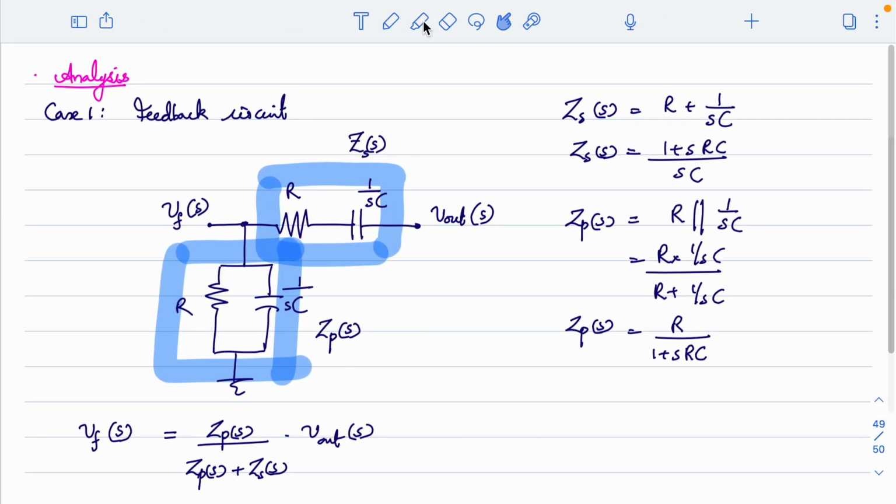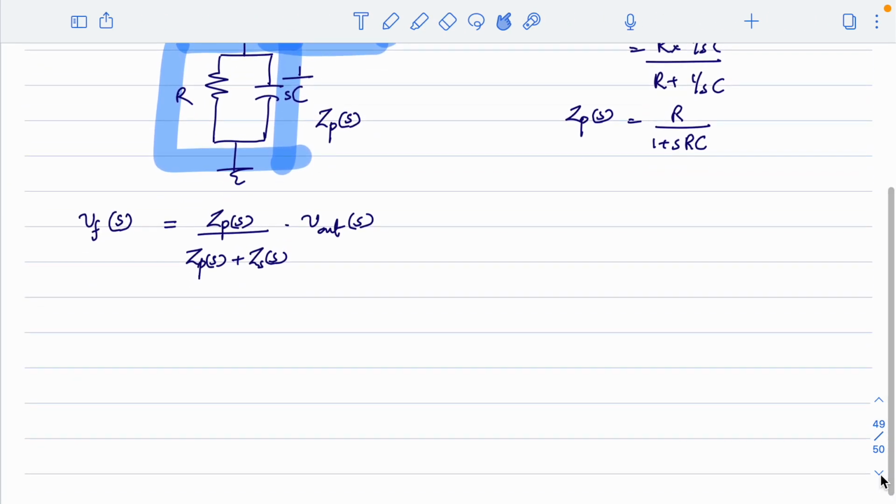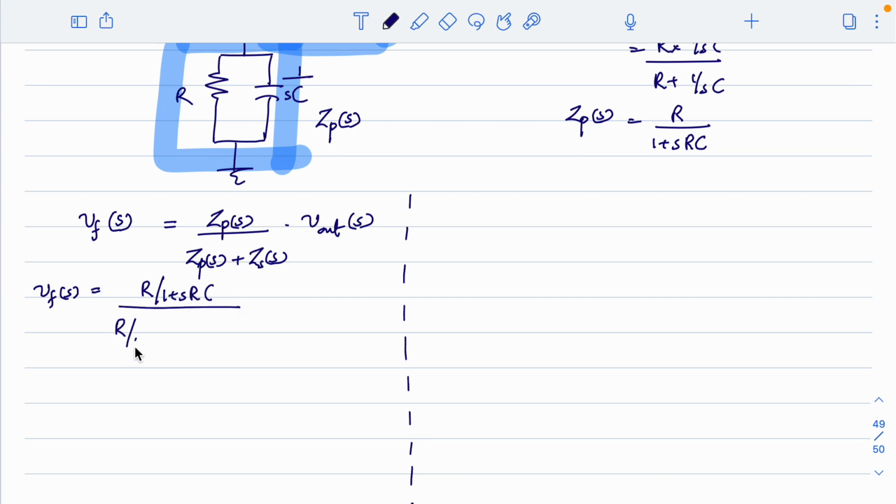So when we substitute that here, we can further write this as VF of S is equal to ZP, which is R divided by (1 plus SRC), divided by R divided by (1 plus SRC) plus ZS, which is (1 plus SRC) divided by SC, into V out of S. Let us simplify this.